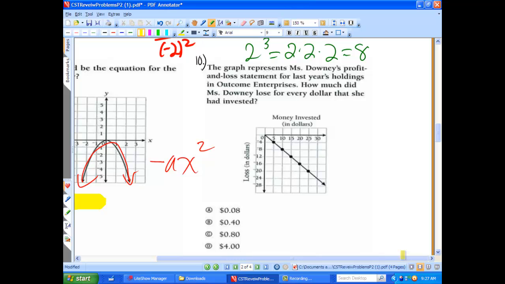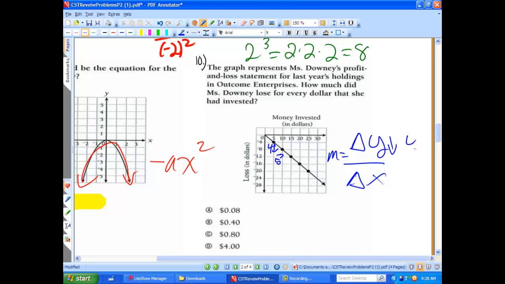So all we're doing here is looking for the slope, the change in y over the change in x. If we take a point here where we have negative 4 and 5, and we move to 10 and 8, we're going to move down 4 and to the right 5 units.